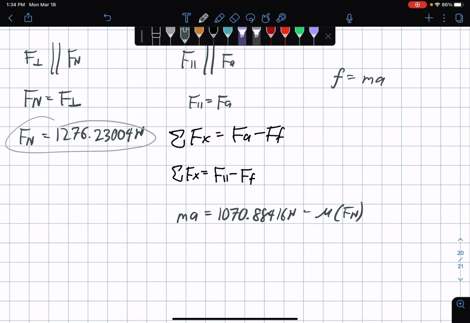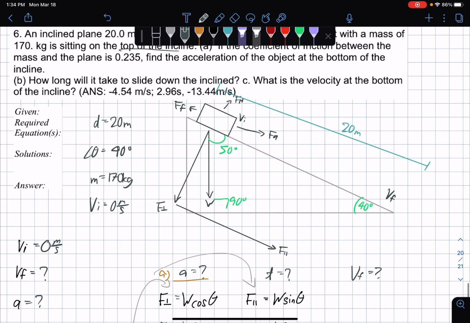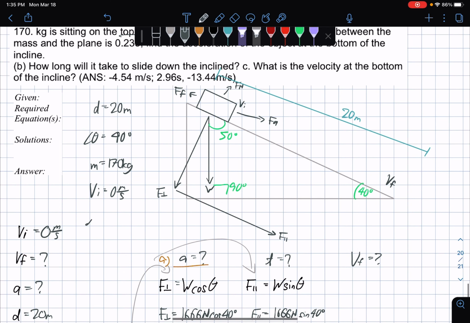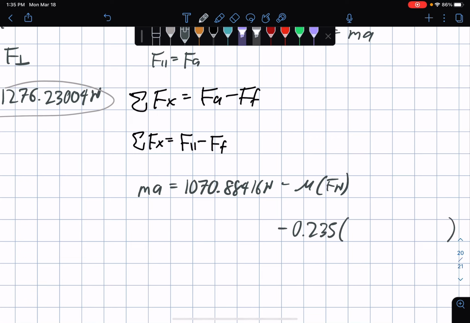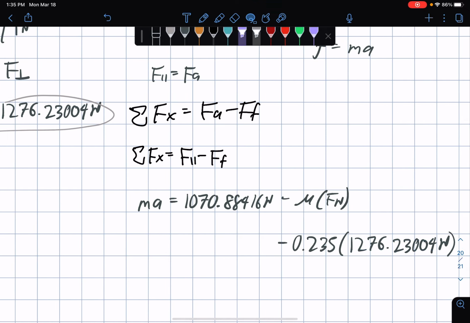So, we do know that the frictional coefficient, which was stated earlier, is said to be 0.235. Why did I not write that? So, just substitute. Fn is right here. There you go. And just copy everything else.